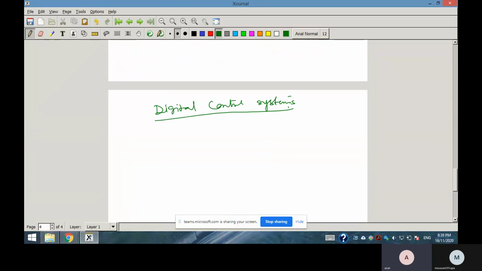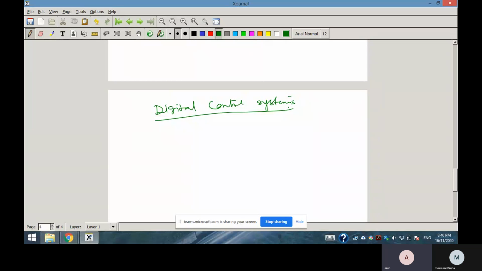Those are digitally implemented. All digital processors are used as controllers. So what is the advantage? Whatever complex control law is there, you can easily implement it using a digital processor. That is the advantage of this kind of digital implementation of controllers.